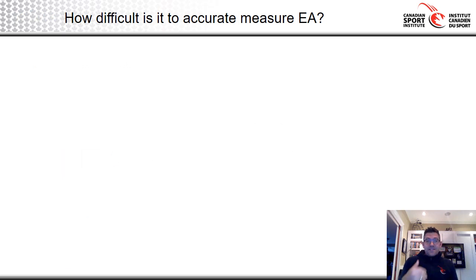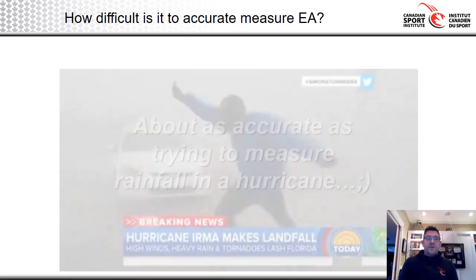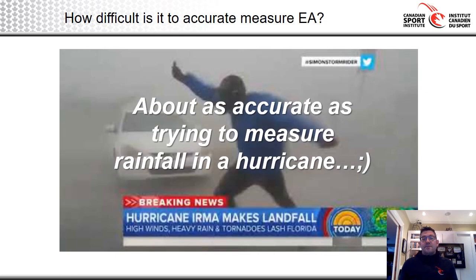So it is difficult to accurately measure energy availability. I've used this slide many times over in presentations. Although it is energy intake minus exercise energy expenditure, that is actually really challenging to measure in free-living, free-world conditions with athletes. Generally, we leave it to researchers who have better methods and skills to do this. It's about as accurate as trying to measure rainfall in a hurricane.